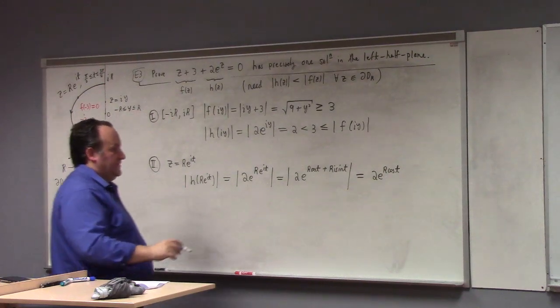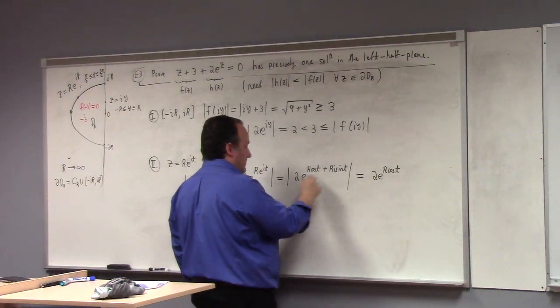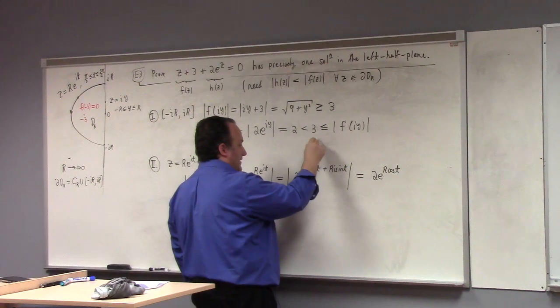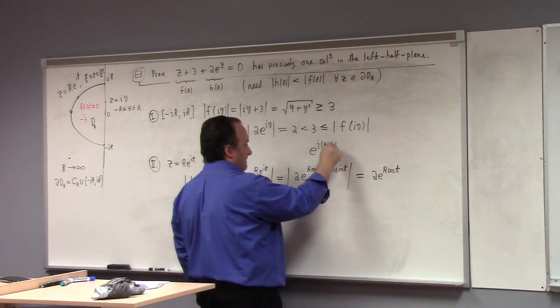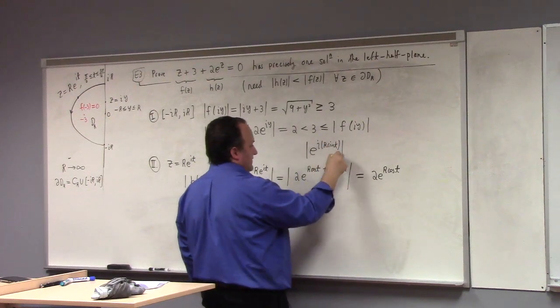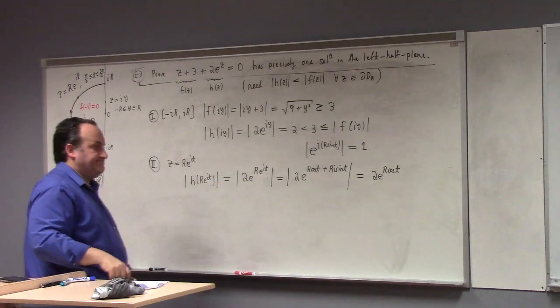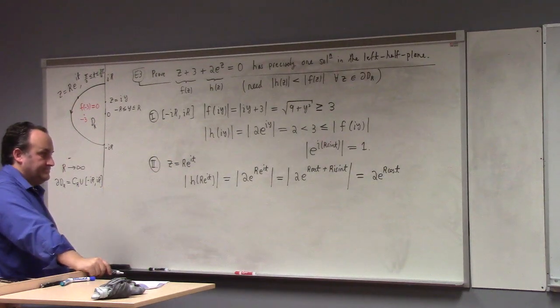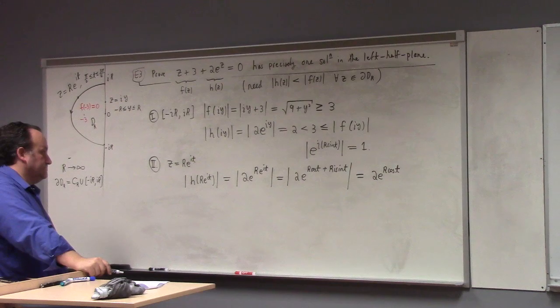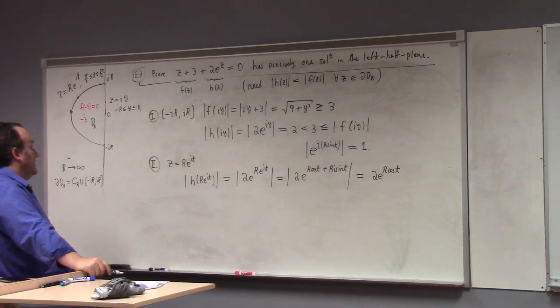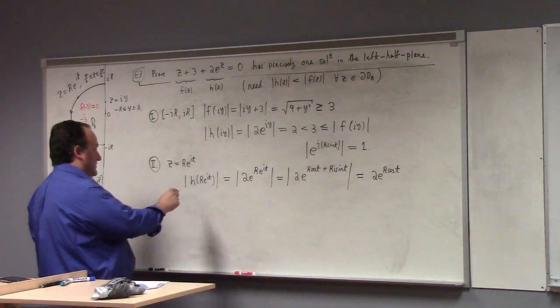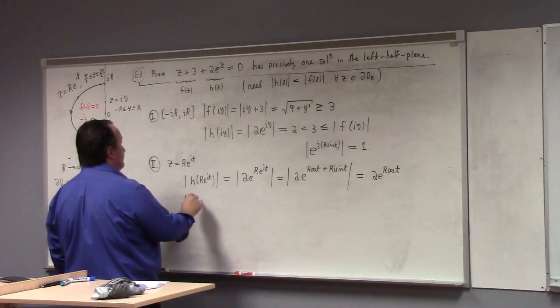See, because the other piece, this piece here, e to the i times r sine t, right? Modulus of that is just 1. That's an actual imaginary exponential. But on the other hand, what's the modulus of f of z here?